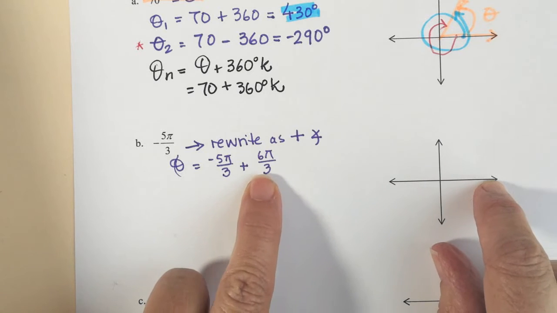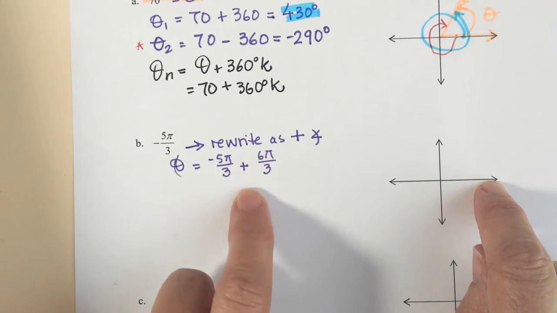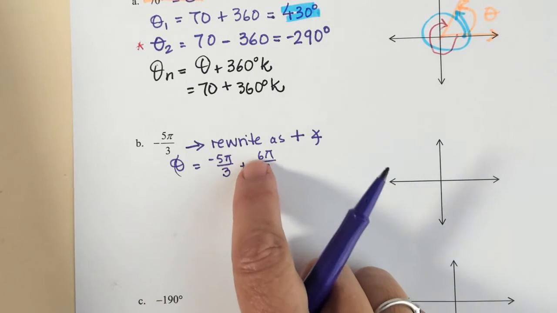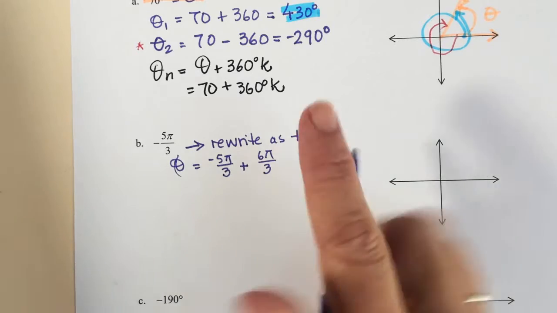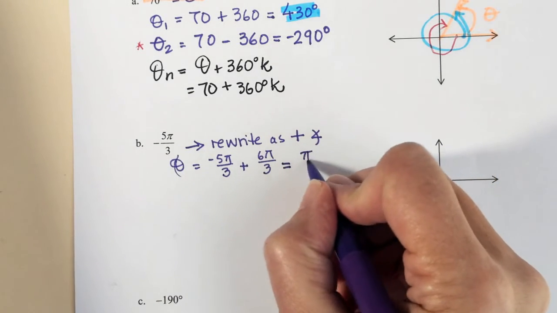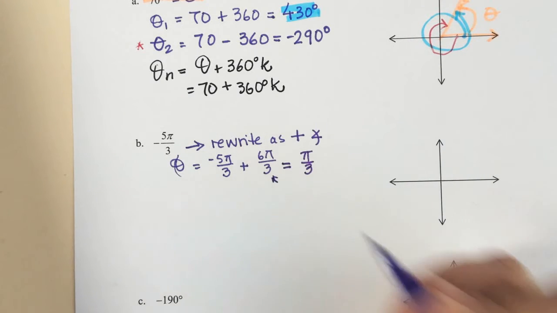Well, I'm trying to add enough to make this positive, so I'm adding 2 pi, so I'm taking it all the way around, and I'm doing it in thirds so that my denominators are the same. So that makes it pi over 3, because this is just equivalent to the 2 pi.